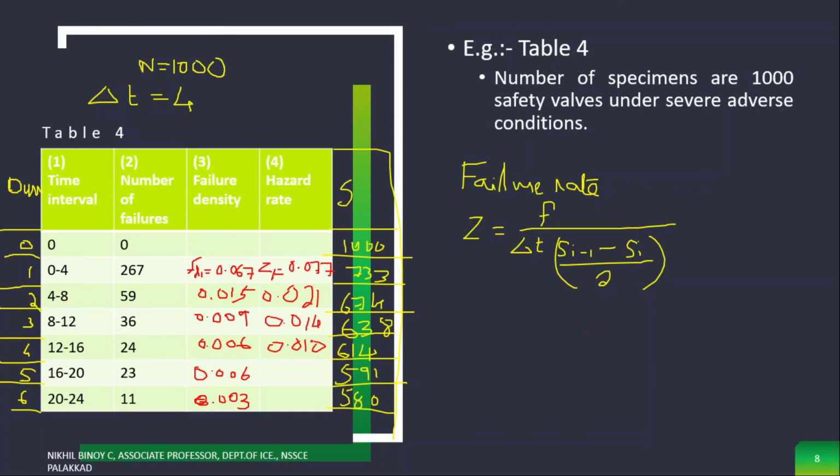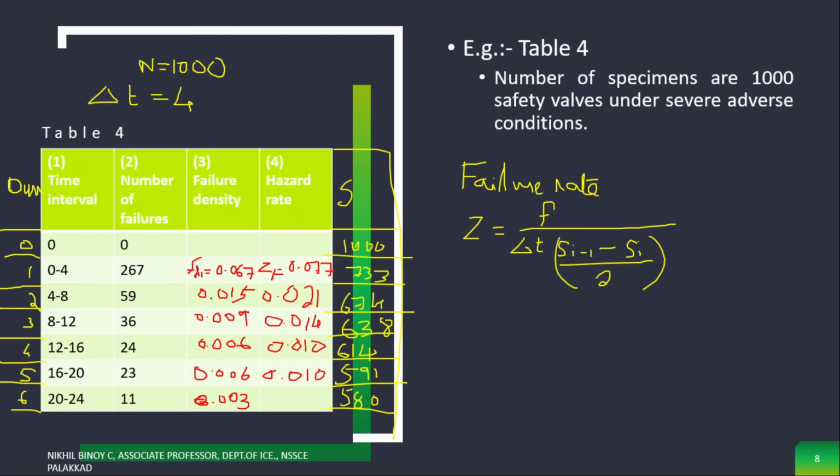Now after the fifth duration, the failure rate is 23 divided by 4 into, now number of survival before the fifth duration is 614 plus number of survival after the fifth duration is 591 divided by 2. So we have 0.00954, means again we can write it as 0.010.